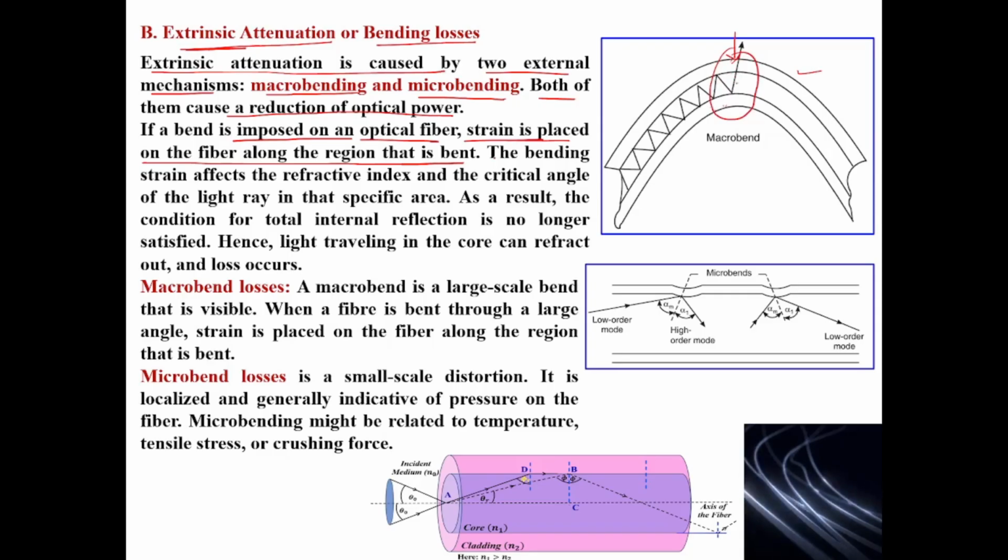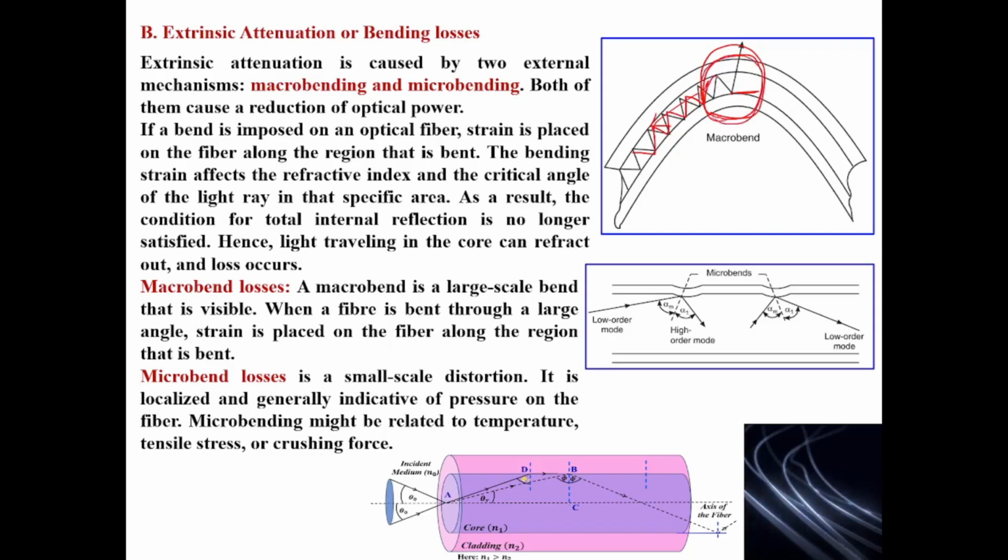Okay, the bending strain affects the refractive index. So due to this bend, the refractive index could not be uniform as we consider this side. So here the refractive index will be slightly changed due to bending. If the refractive index changes, then the ray which is propagating through the optical fiber with the help of internal reflection will find a significant change of refractive index at this point.